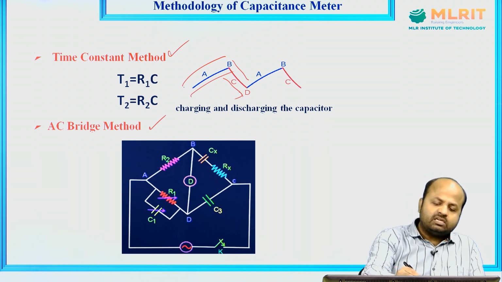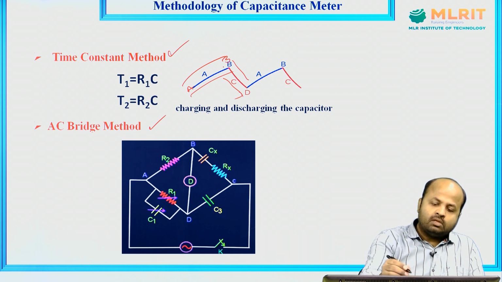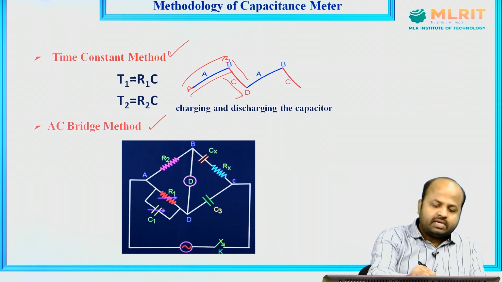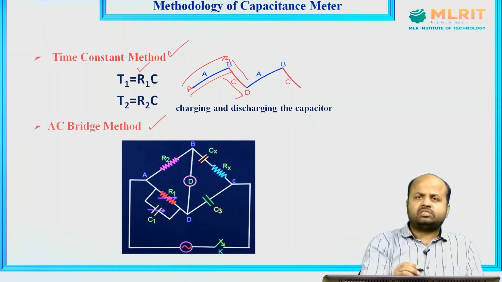Suppose the capacitor is charging from A to B; the time in which it charges is given by R into C, the resistor value and the capacitance value.